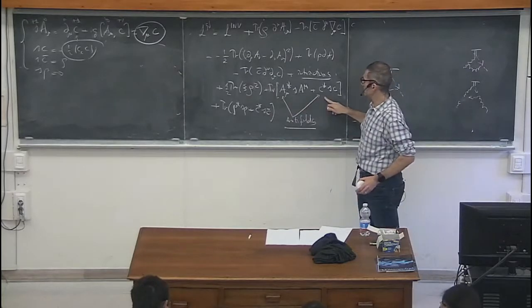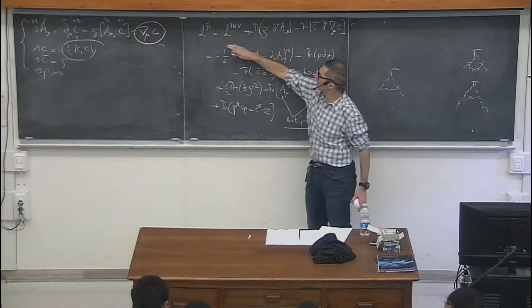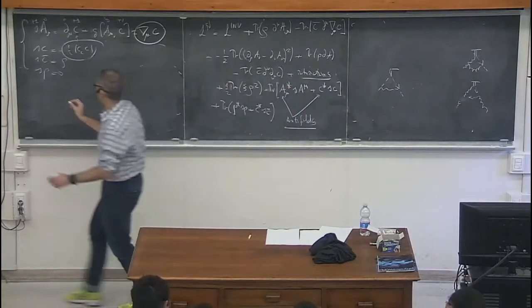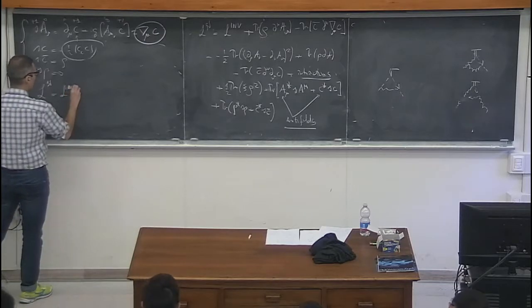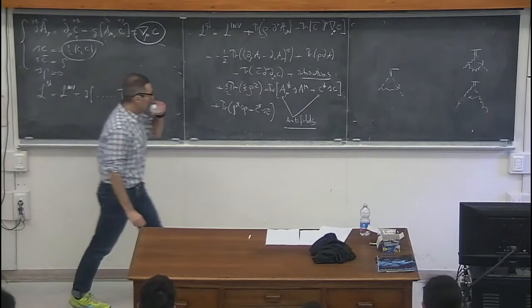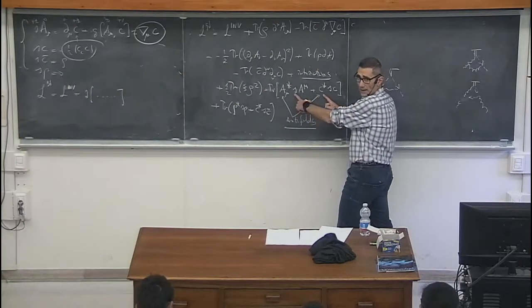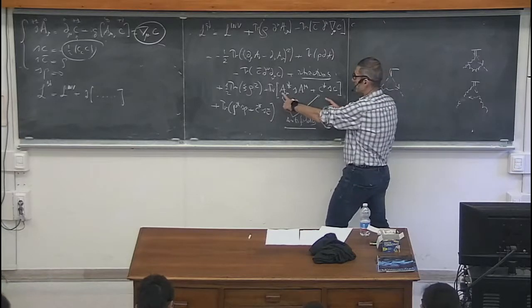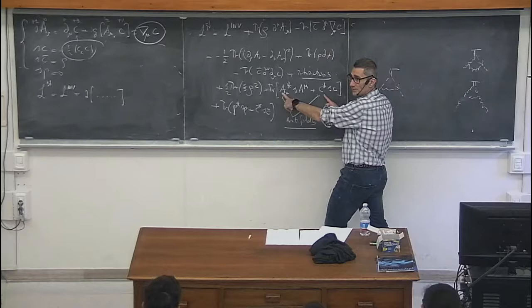I add some pieces to the Lagrangian, but then of course, in order to respect what I said before, namely my Lagrangian will be the gauge fixed Lagrangian, the gauge invariant one, plus S of something. Here, what I do is the following: I require that these antifields A star and C star are invariant under BRST symmetry.